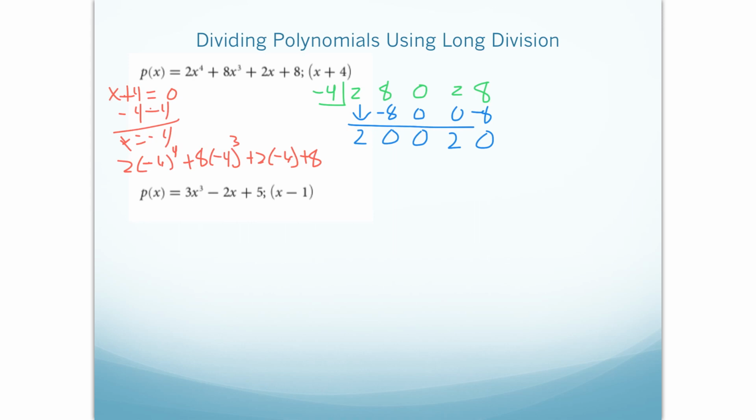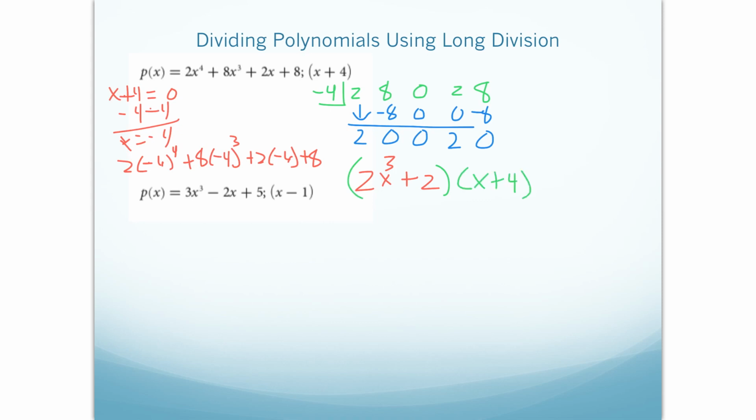So now we have 2x to the 3rd plus 2. And then we also had our original factor of x plus 4.